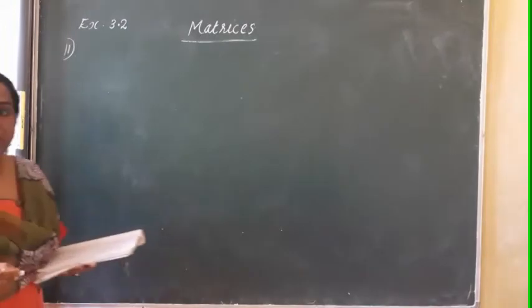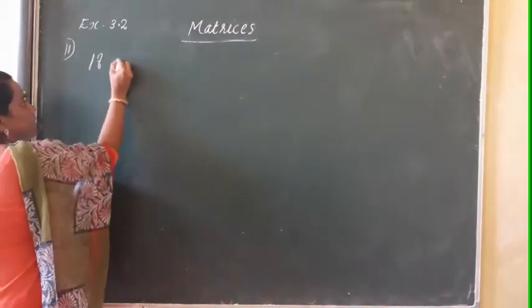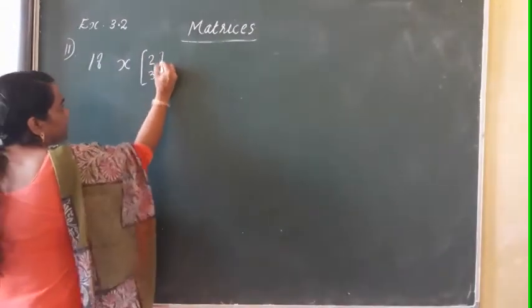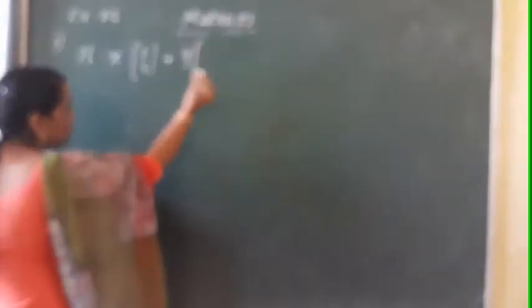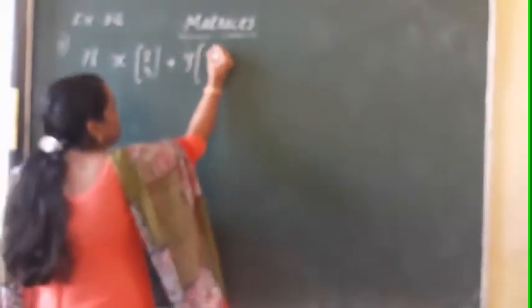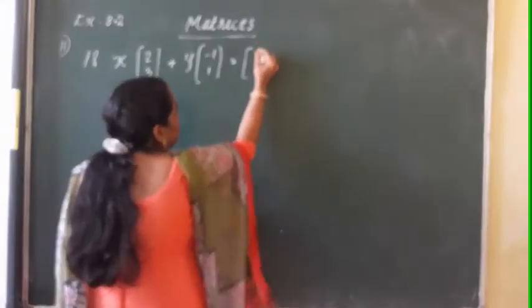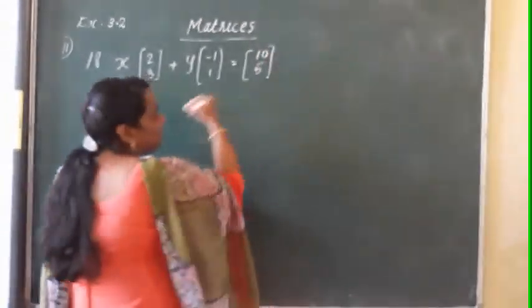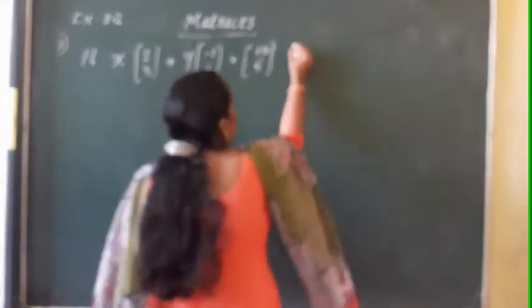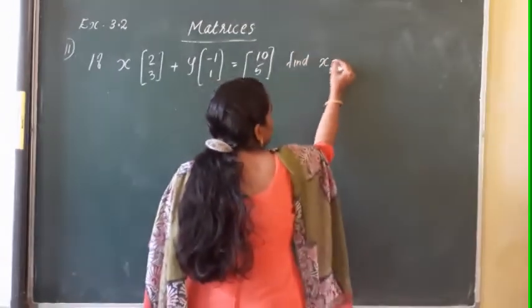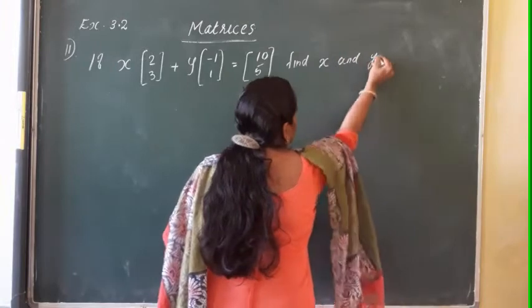If x times the column matrix 2, 3 plus y times the column matrix minus 1, 1 is equal to the column matrix 10, 5. All these are column matrices. Find x and y. We can do this.